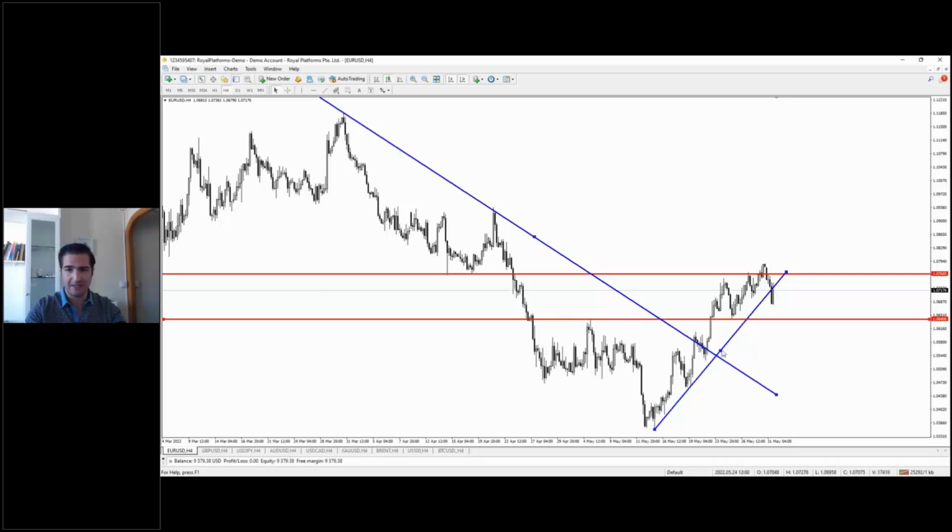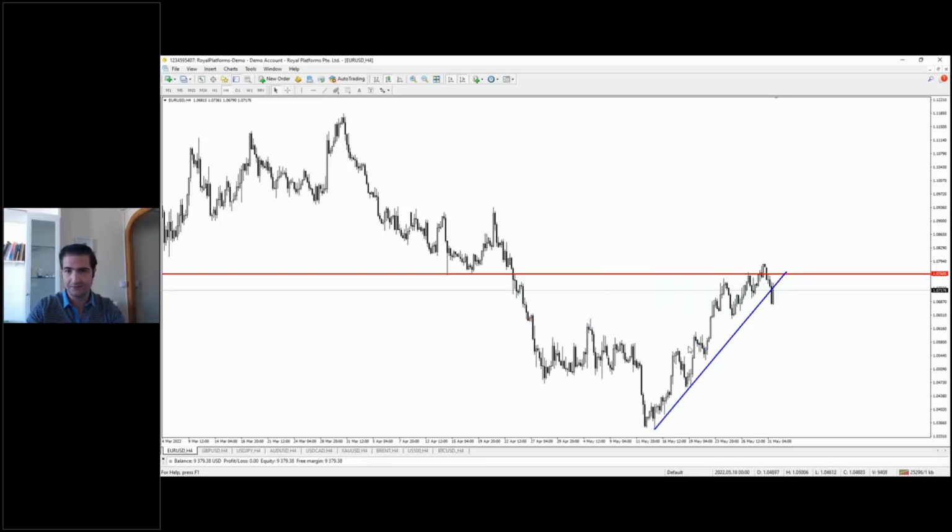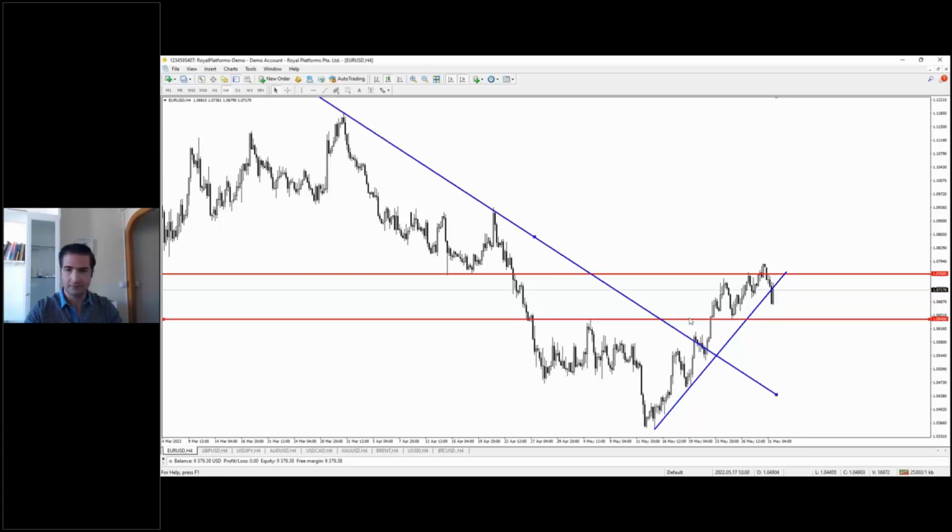For me, I can say that since this EURUSD broke this bullish trend line to the downside, we have lower highs and lower lows. So what it will do in the coming days is test again the 1.0640 area.